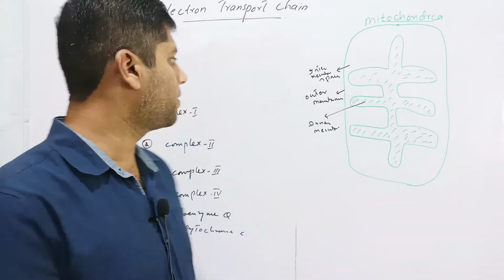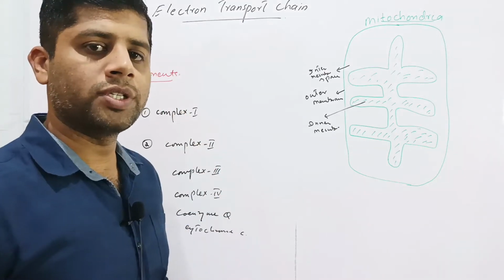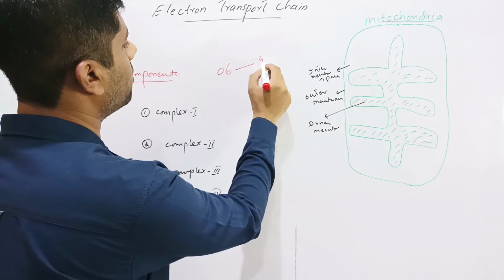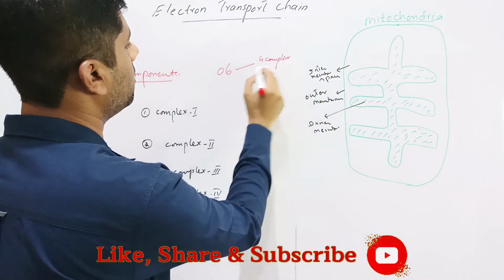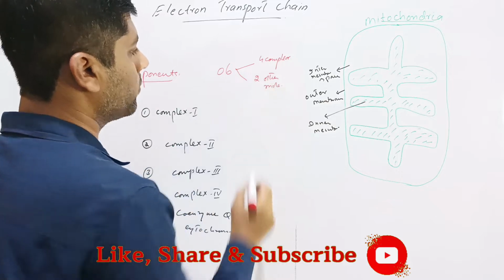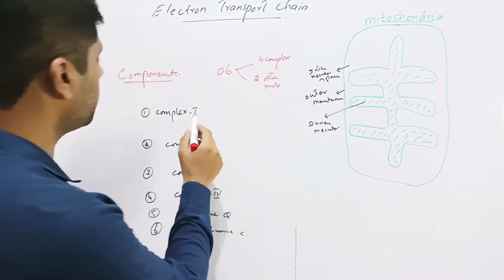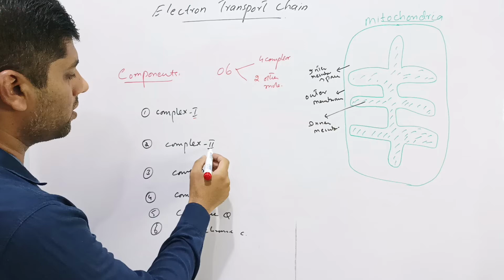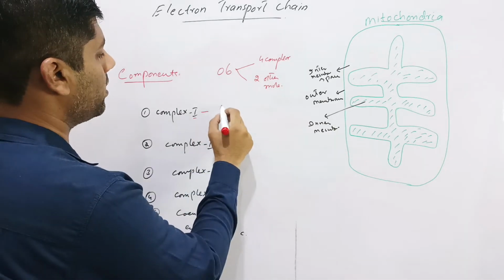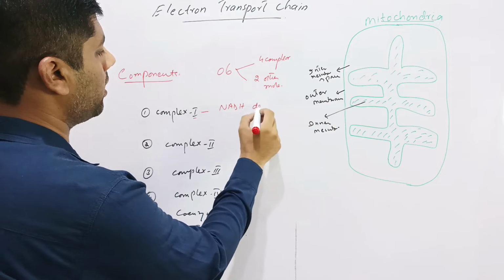There are six components of the electron transport system or electron transport chain. These six components are four complexes and two other molecules. The complexes are mentioned in Roman numerals: complex 1, complex 2, complex 3 and complex 4. Basically the complexes are sets of enzymes. The first complex is NADH dehydrogenase.